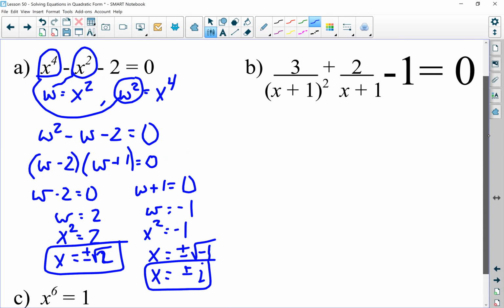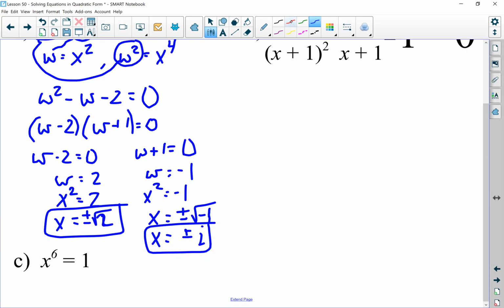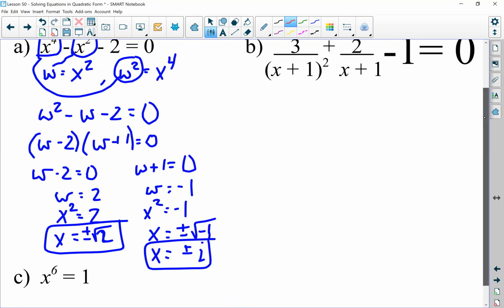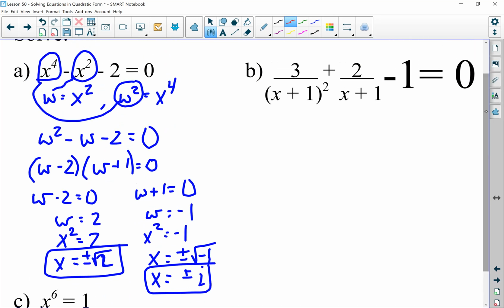All right, letter B. And I'm always going to use w for my variable when I make that substitution. So in this case, what would I want w to equal? Kind of hidden in there. But w is going to be 1 over x plus 1.